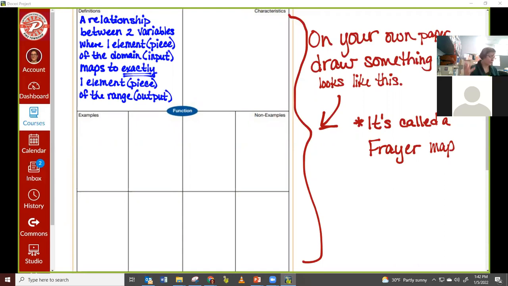There are a couple really important characteristics for functions. One of the biggest, most important characteristics is that no x's repeat.